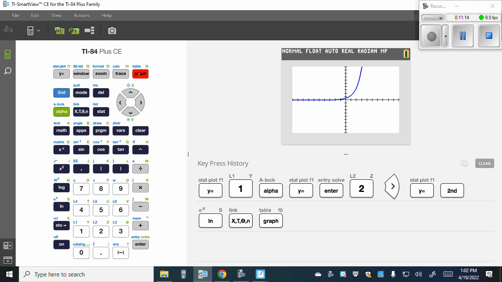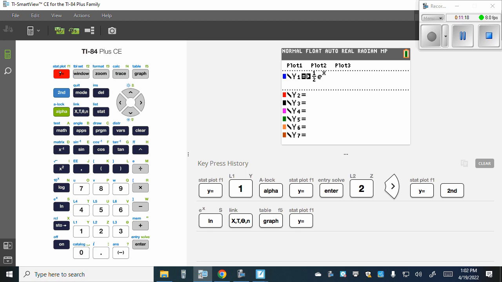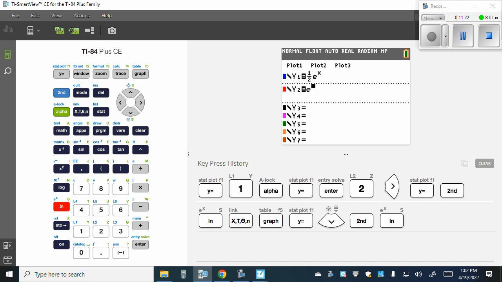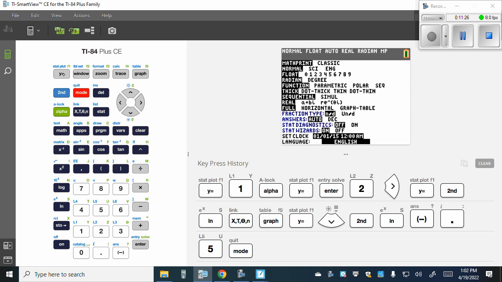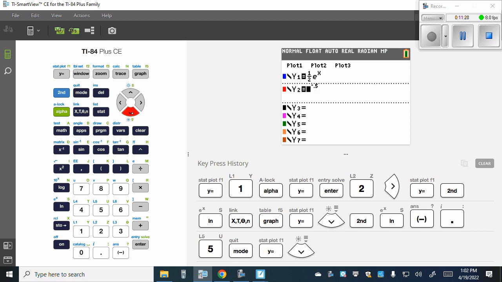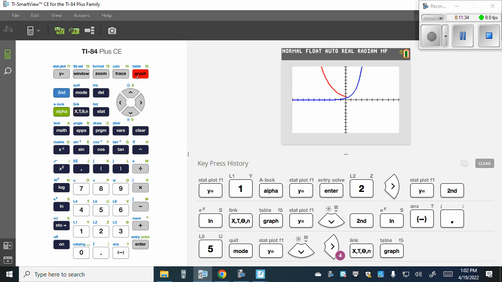It's increasing faster and faster as we go from left to right. Now the previous one we had, e to the negative 0.5x, we hit graph, and we see that we do have that decay function.